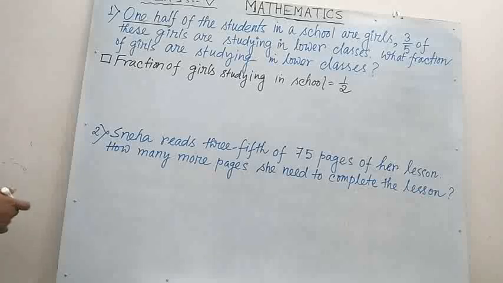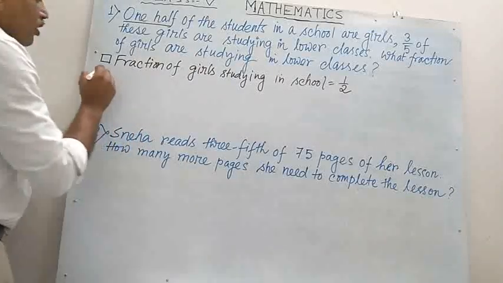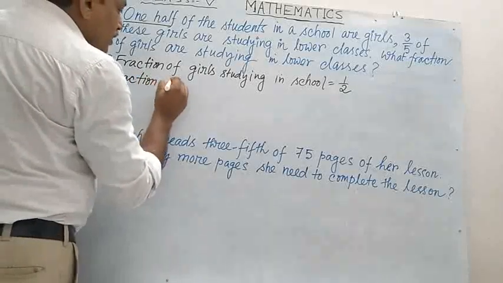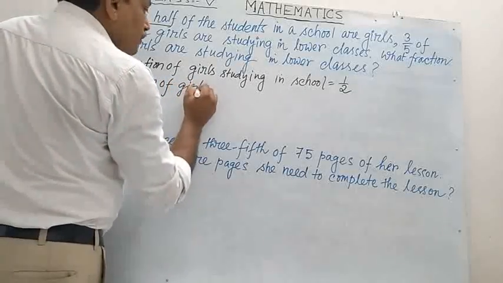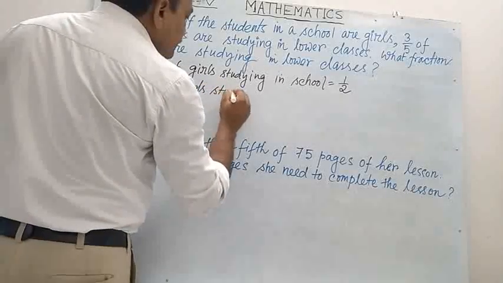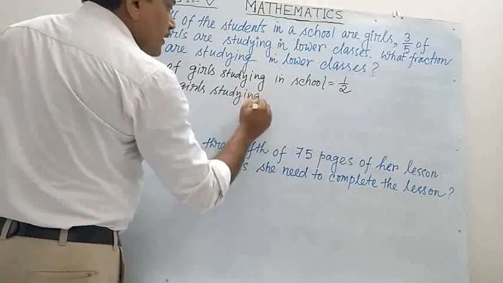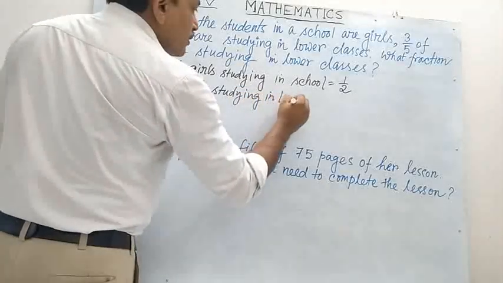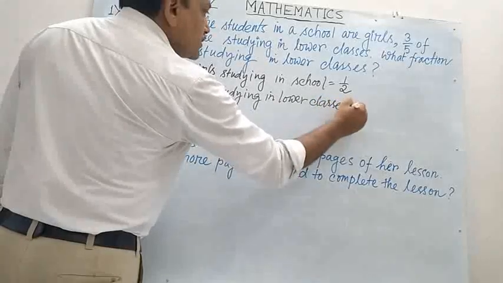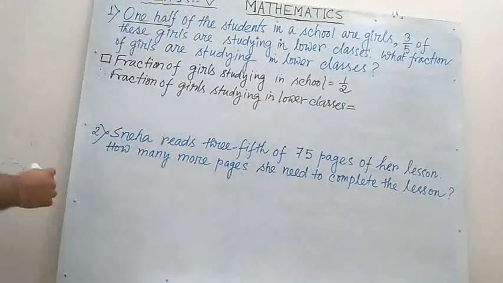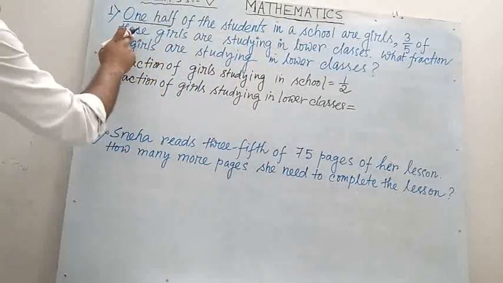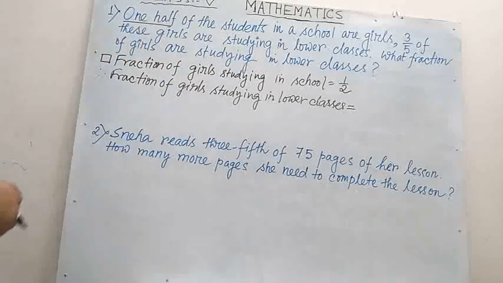Fraction of girls studying in lower classes equals 3/5 of these girls. These girls means one half.